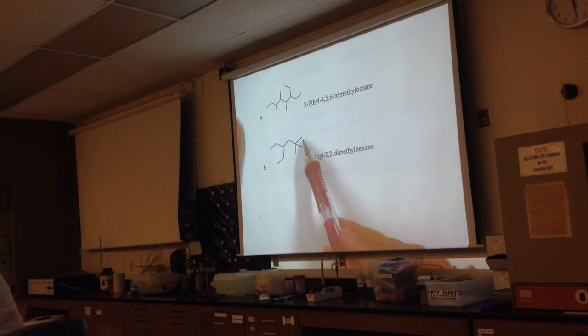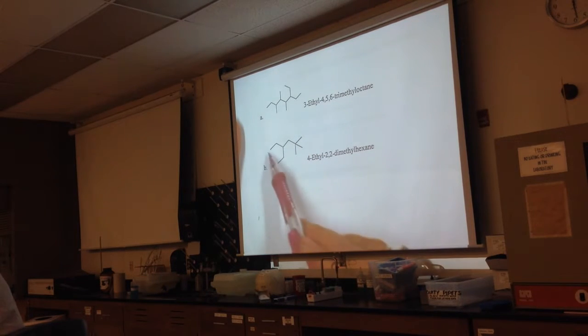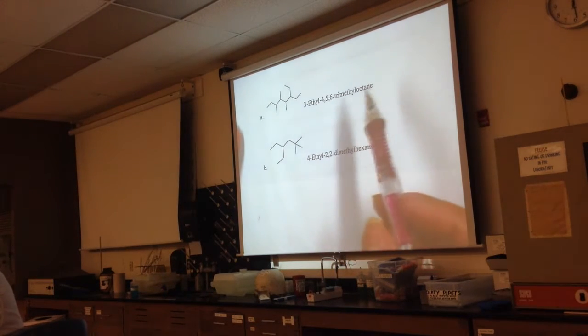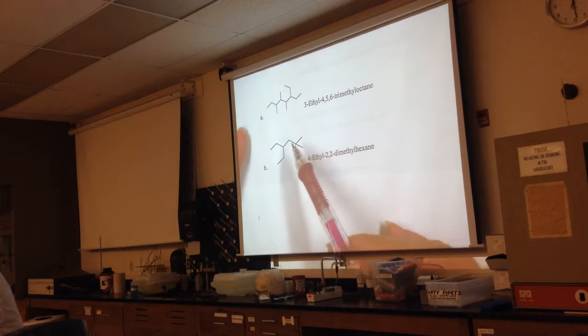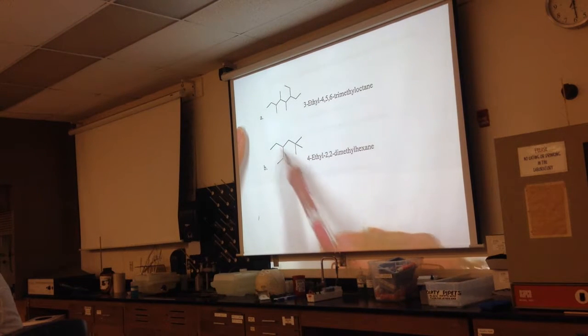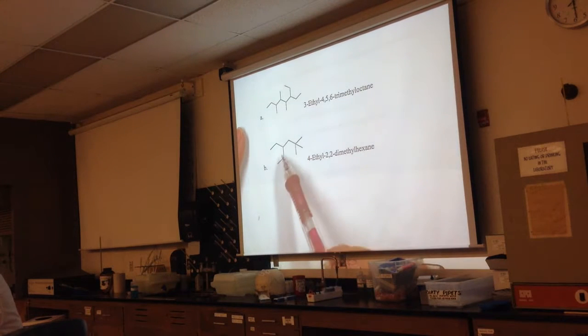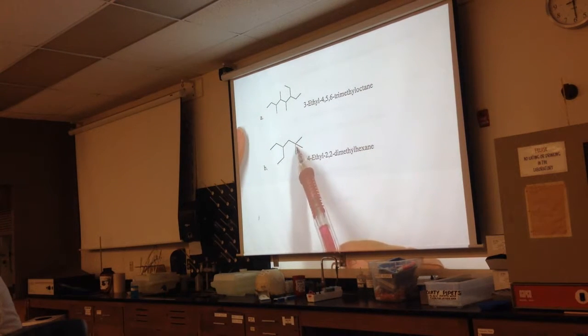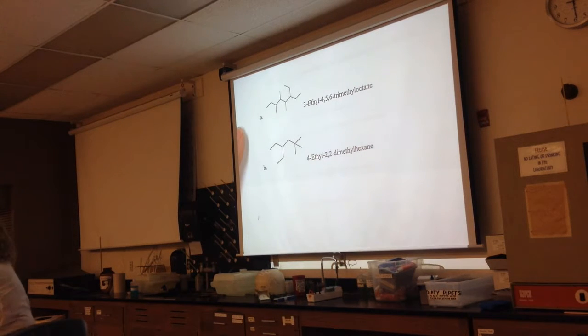You have primaries, 1, 2, 3, 4, and 5. So there are 5 primaries. There are 1, 2, 3 secondary carbons. There's 1 that is a tertiary, and there's 1 that is a quaternary. And I think we don't have to go through this because everybody gets it, right? Yes. Anybody have a problem with this?